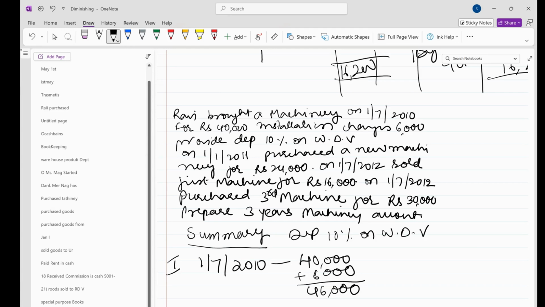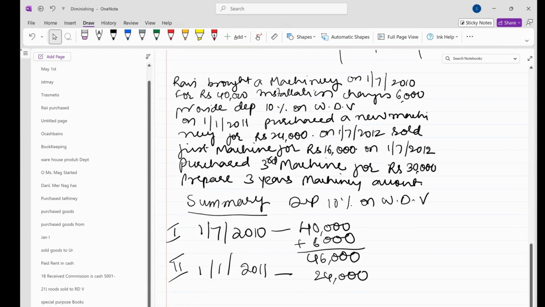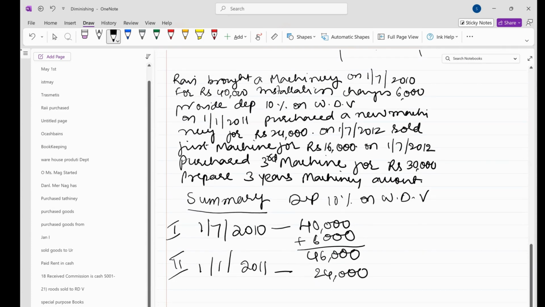Next, on 1/1/2011, this is the second machinery. On 1/1/2011, purchased a second machinery for rupees 24,000. And on 1/7/2012, they sold it for how much? 16,000.